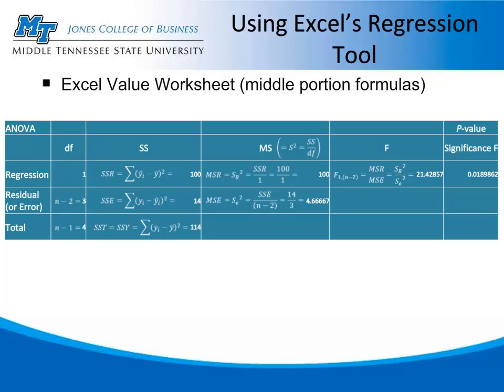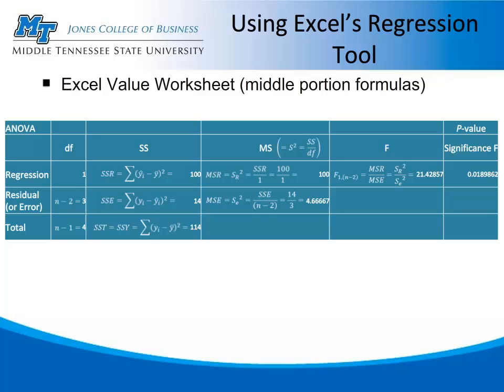To get the MS column, all you do is take the SS value and divide by the degrees of freedom. So for the error, you take the 14 and divide it by 3 and come up with 4 2/3. It's kind of a unique situation with the variance in simple linear regression.